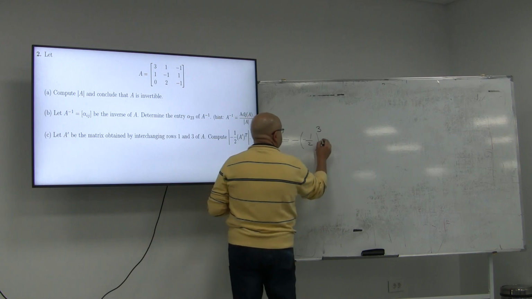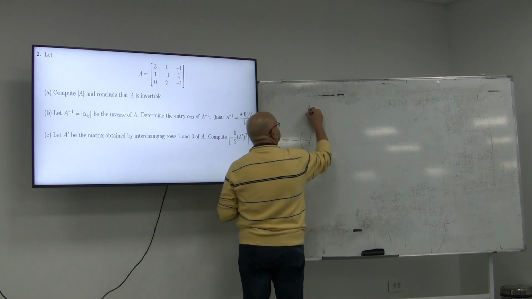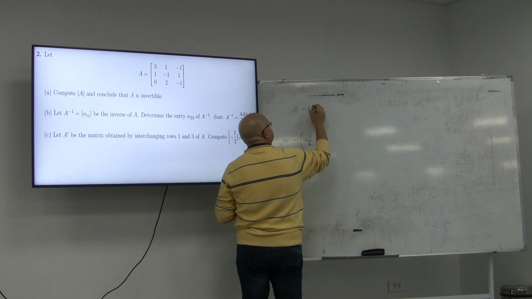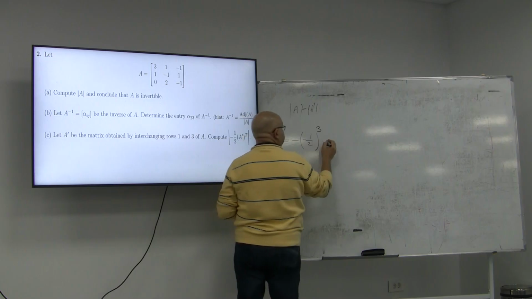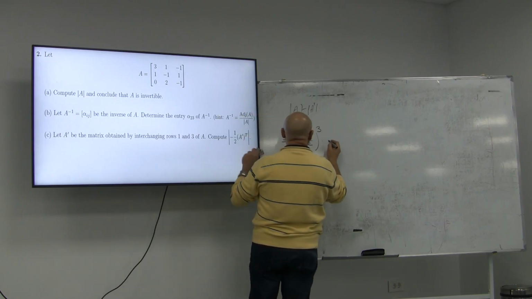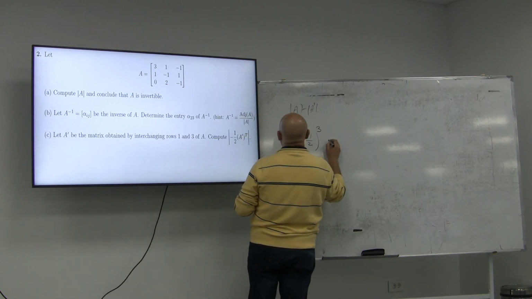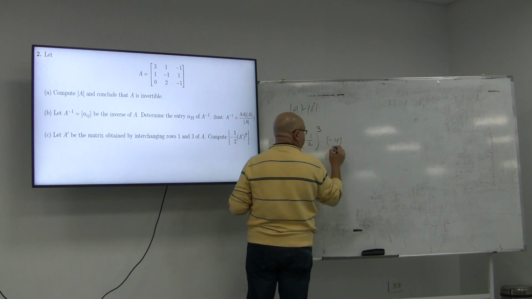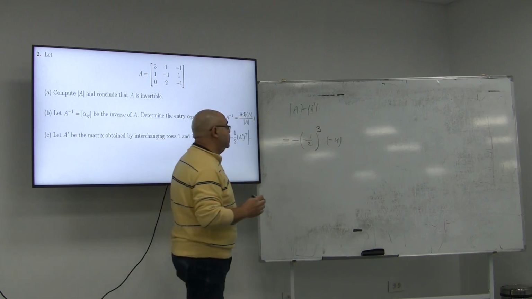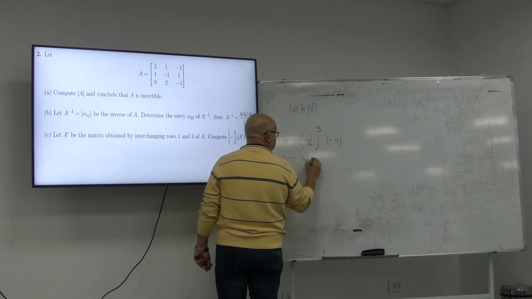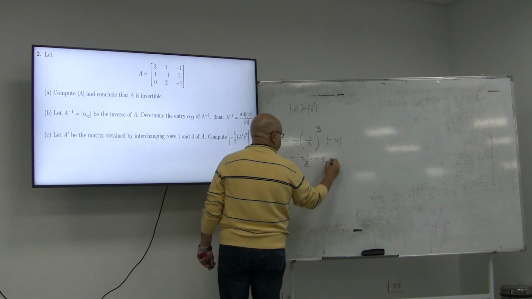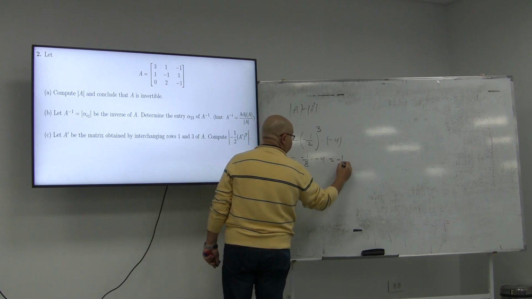Then times, we know that the determinant of A equals the determinant of A transpose. So this will be times the value of the determinant, which we got a little while ago, negative 4. So this equals negative 1 over 8 times negative 4, so it's going to equal negative 1 over 2.